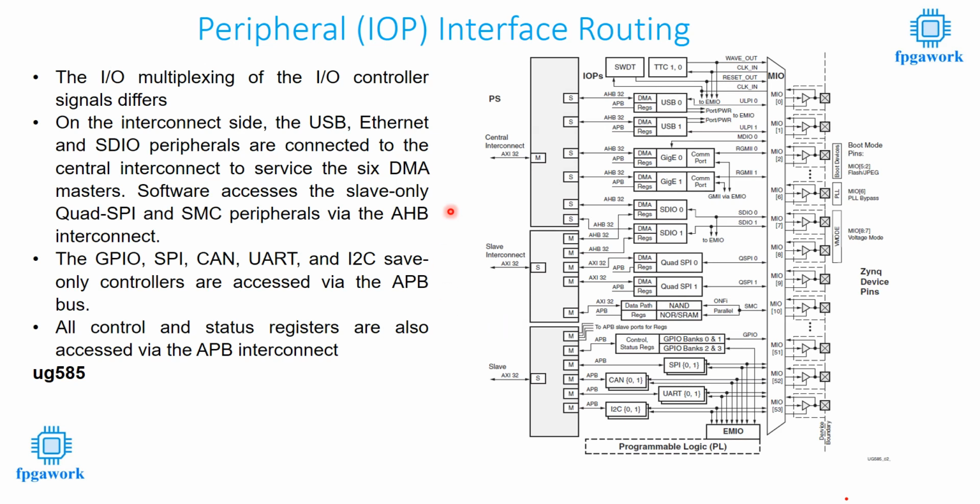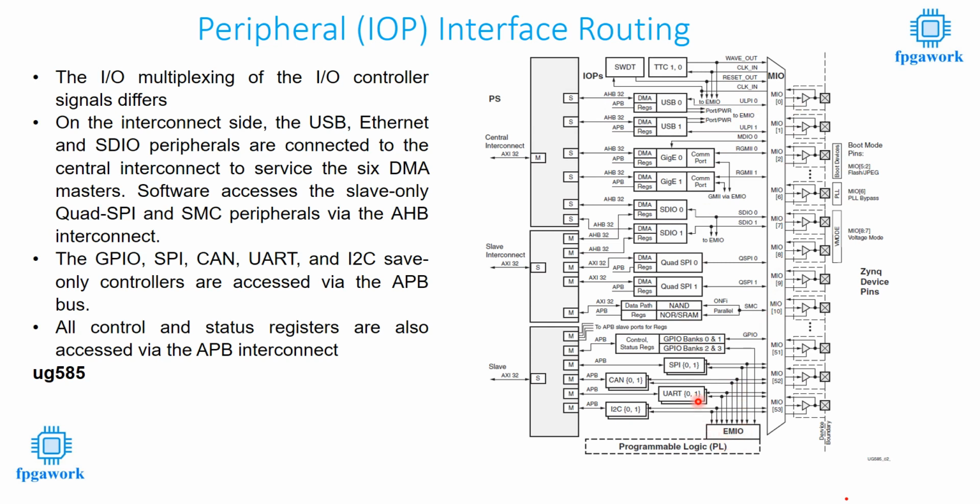This is a very detailed diagram of I/O peripherals. Again, it is taken from UG 585. You can download it from the internet. Here we can clearly see that some of the I/O peripherals are only connected to MIO, others are only connected to EMIO, and the rest of the I/O peripherals can be connected to MIO or EMIO.